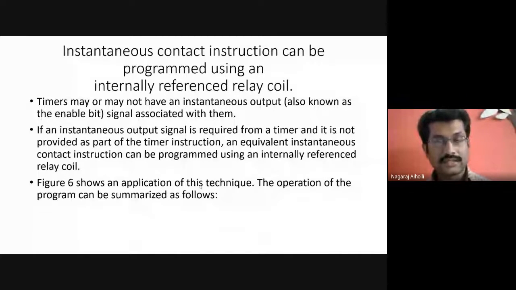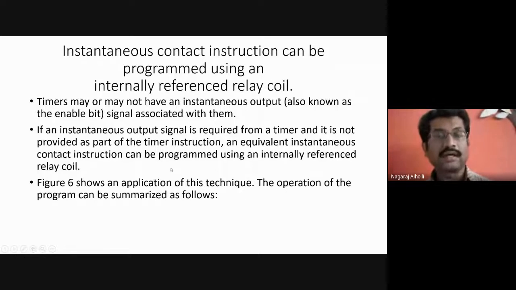Timers may or may not have an instantaneous output. Once we turn on the timer, we should immediately get the timer output. That is called an instantaneous output. If an instantaneous output signal is required from a timer and it is not provided as part of the timer instruction, an equivalent instantaneous contact instruction can be programmed using an internally referenced relay coil.